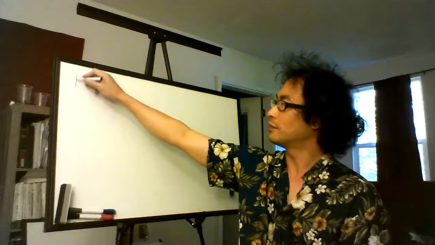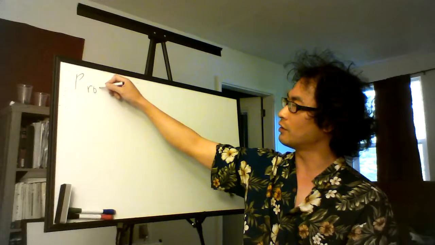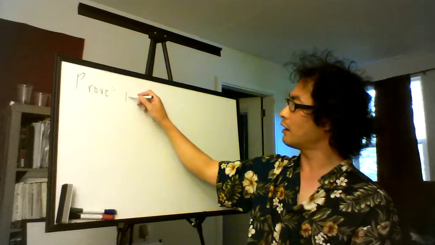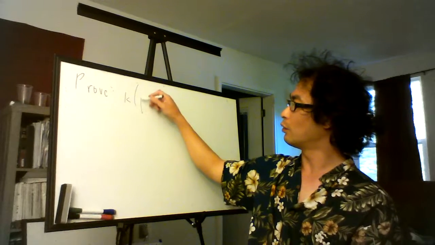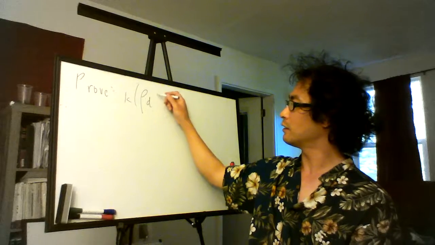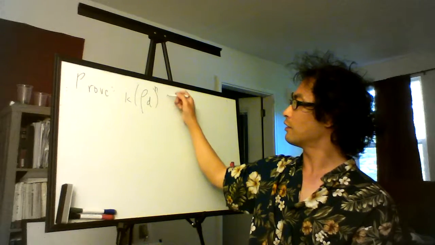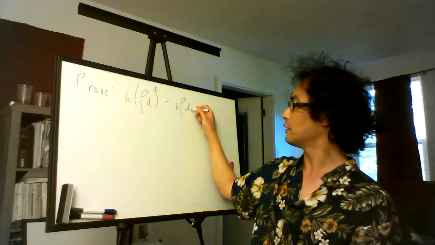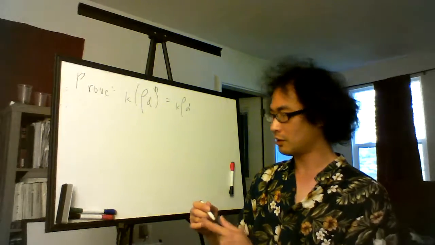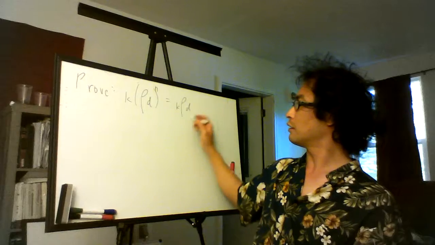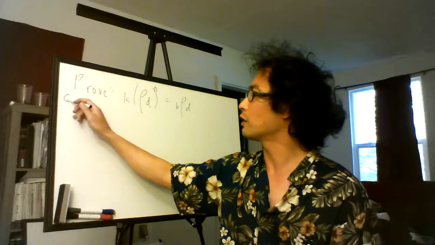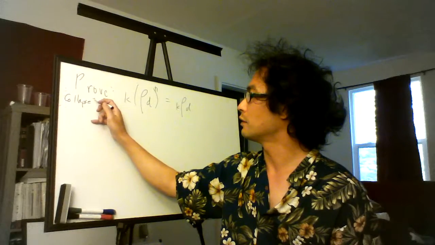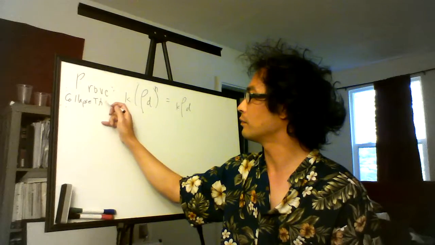Prove by mathematical induction that K rho d to the nth is equal to K rho d. Okay, so that's the collapse theorem. Okay, collapsing theorem.